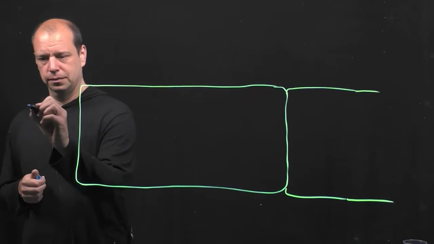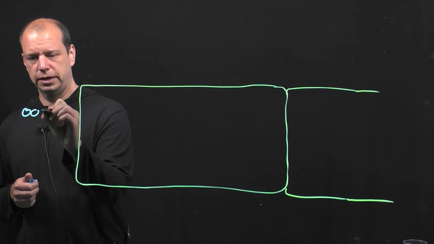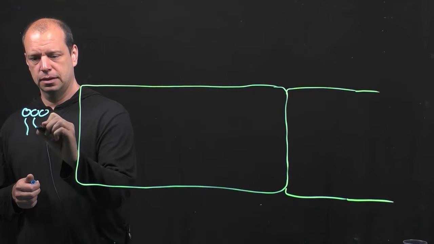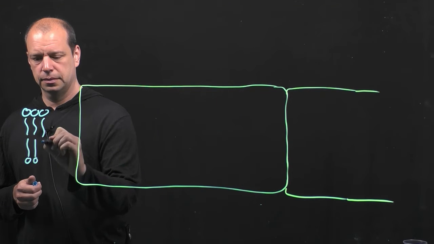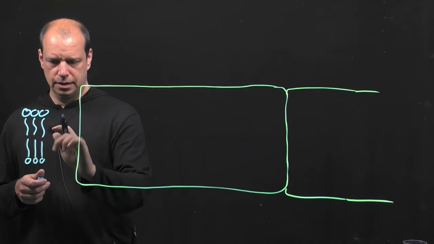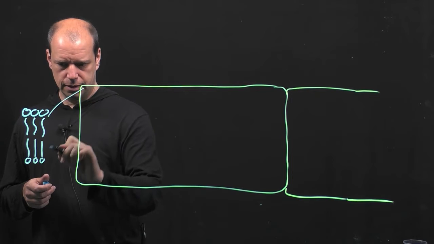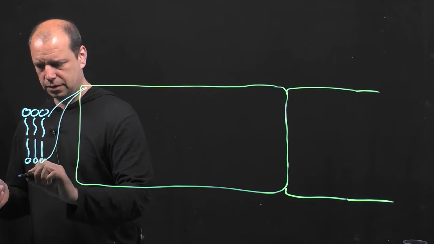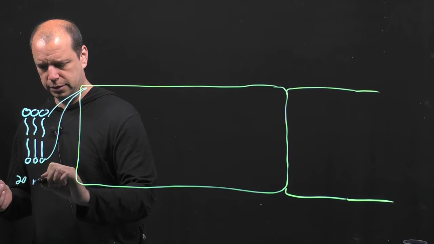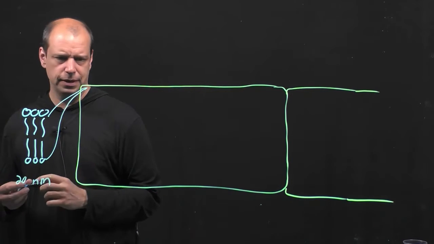So it has water-soluble heads and fat-soluble tails. It is extremely narrow, 20 nanometers maybe. That may or may not be an accurate figure.